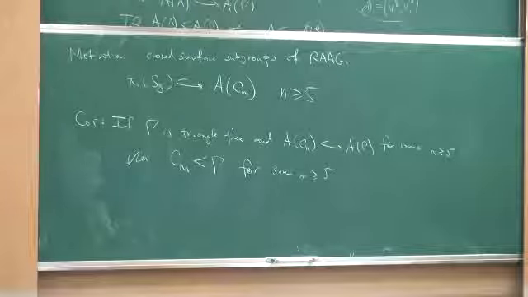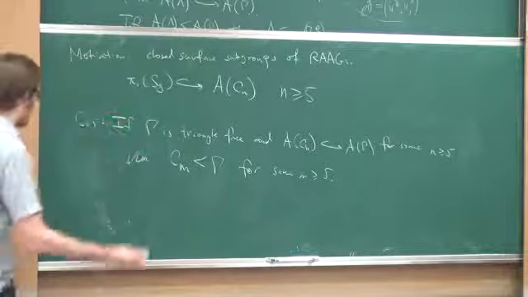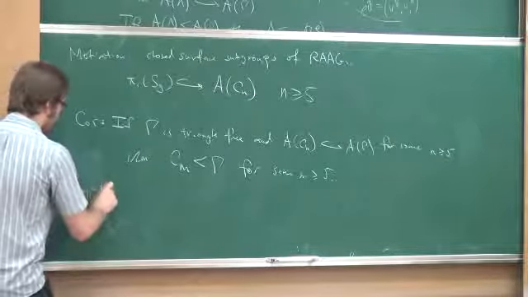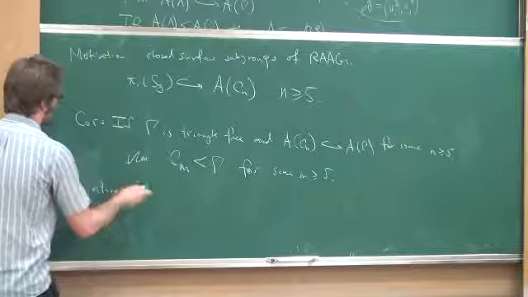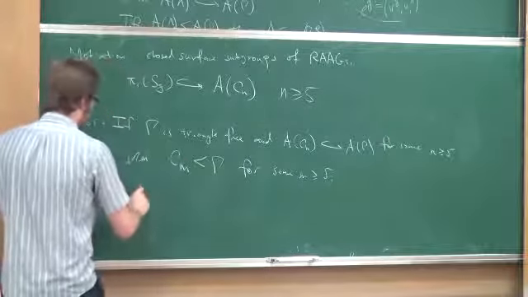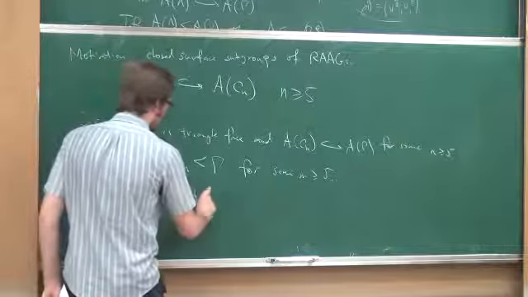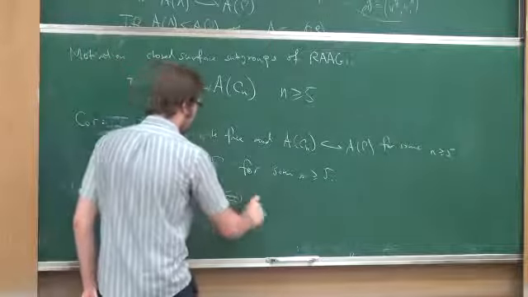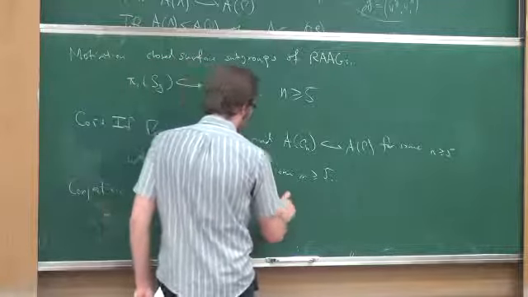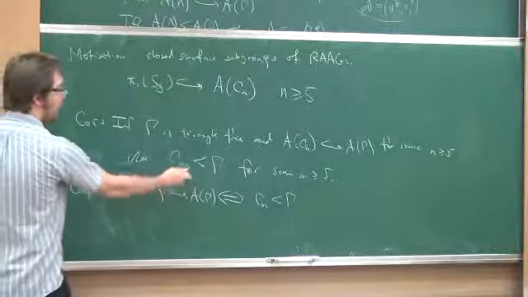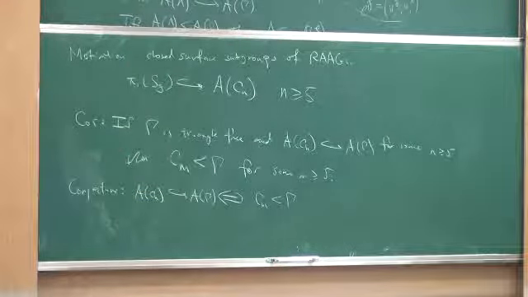The conjecture that I'm about to state, or what was formerly a conjecture, was the motivation behind all this work. The conjecture, as it was originally stated, said that A of Cn embeds in A of gamma if and only if some Cm is inside of gamma, where now gamma had no hypotheses on it, including triangle free.